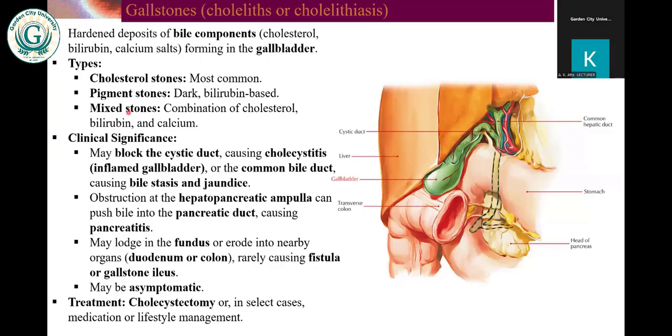Now, if a gallstone forms and the stone is here in the fundus of the gallbladder, the gallstone can block the cystic duct. This is here. And that can lead to inflammation of the bowel of the gallbladder.